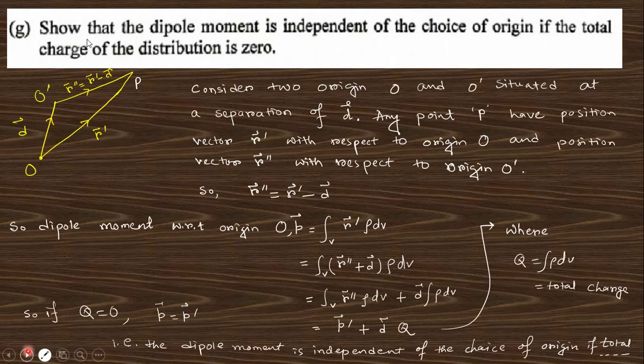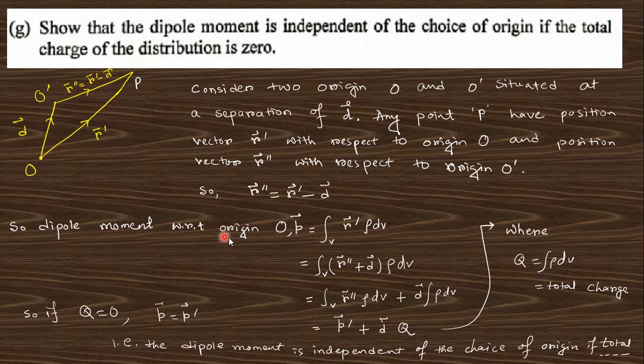Next: show that the dipole moment is independent of the choice of origin if the total charge of the distribution is 0. So if you take two origins, O and O prime, we need to find the dipole moment at this point P. Vectorially, the separation is r double prime equals r prime minus d.